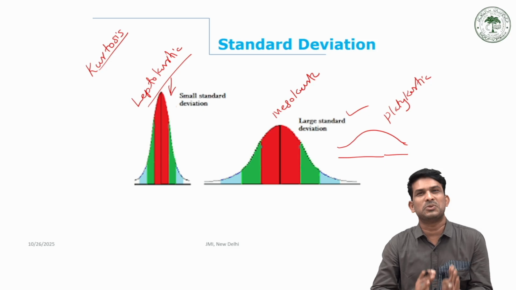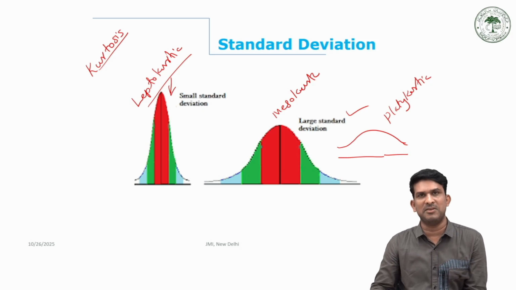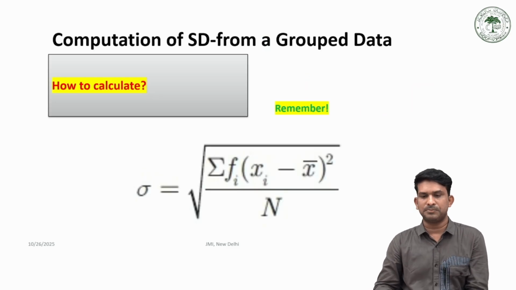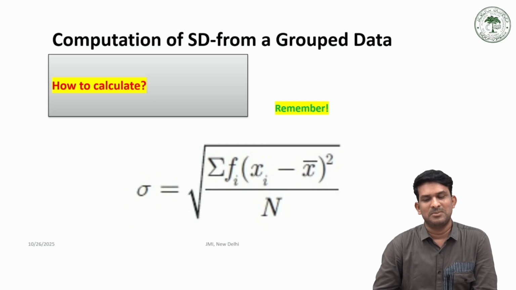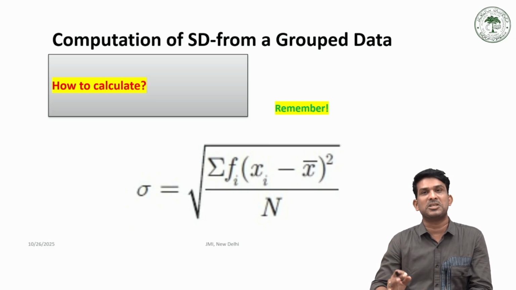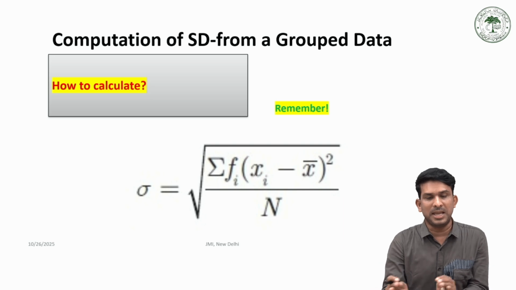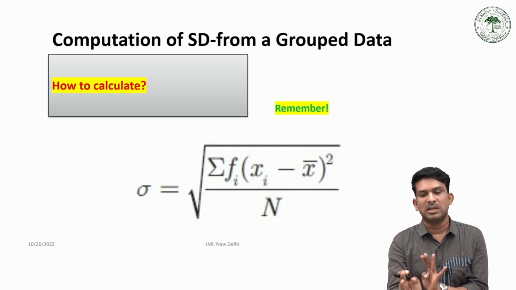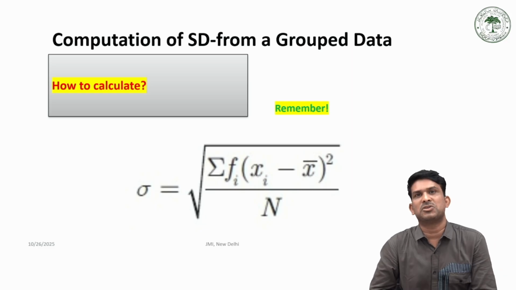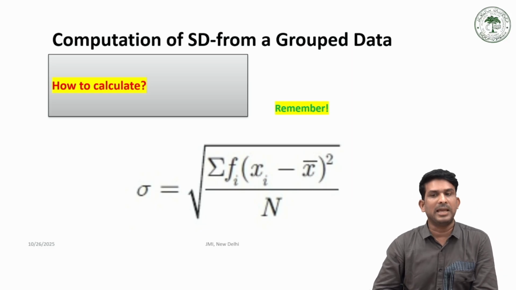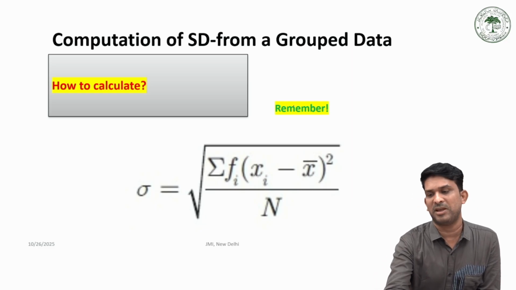Now let us come to the computation of standard deviation for a group data. So how to calculate? See the equation. Earlier, what we have mentioned in the equation, the same equation along with we are adding f. Like for the mean, what we have done?